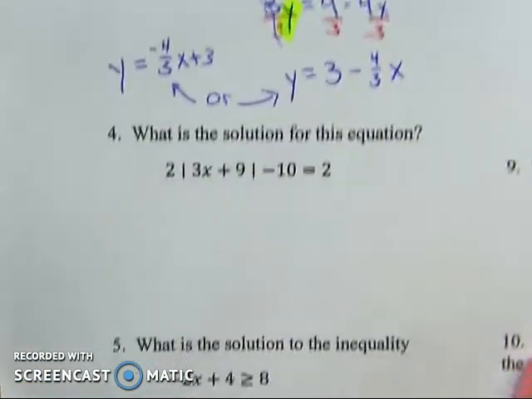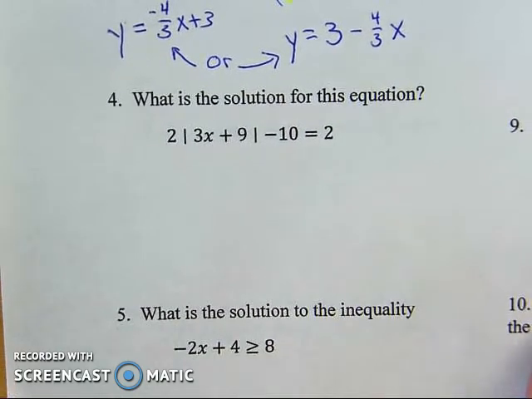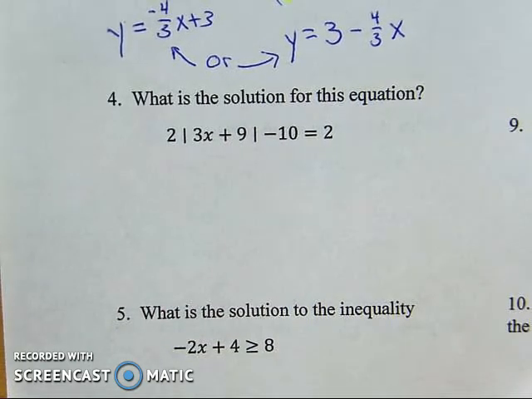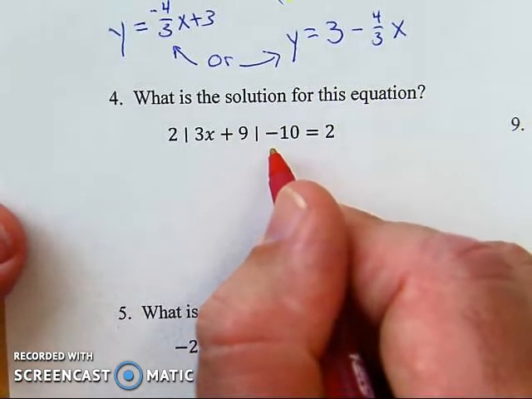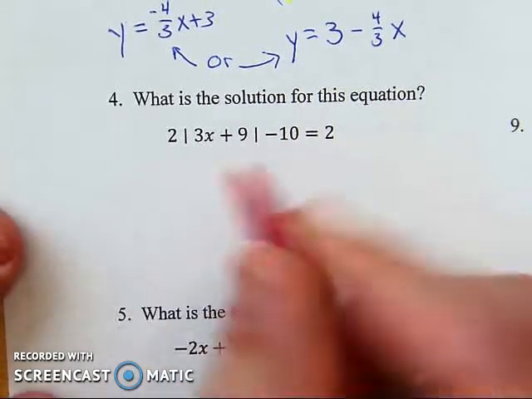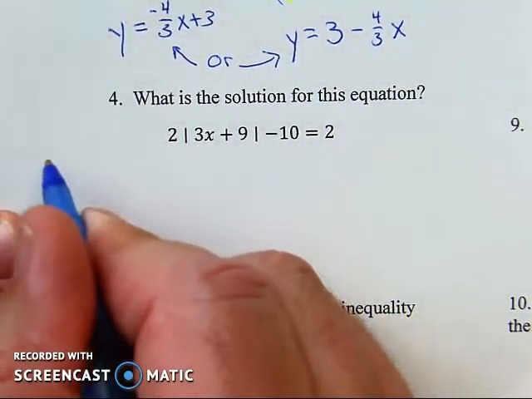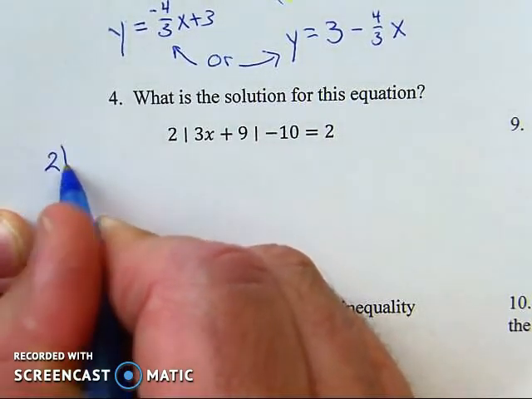All right, number 4. It's an absolute value problem, but we first want to get the absolute value term by itself. So in order to do that, I have to do something with the -10 and then the 2 out front. So first off, I'm going to write this off to the side just because I think I'm going to need some extra room.